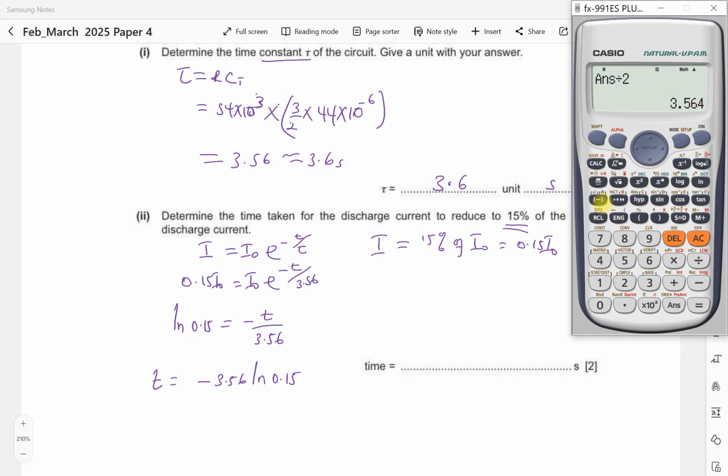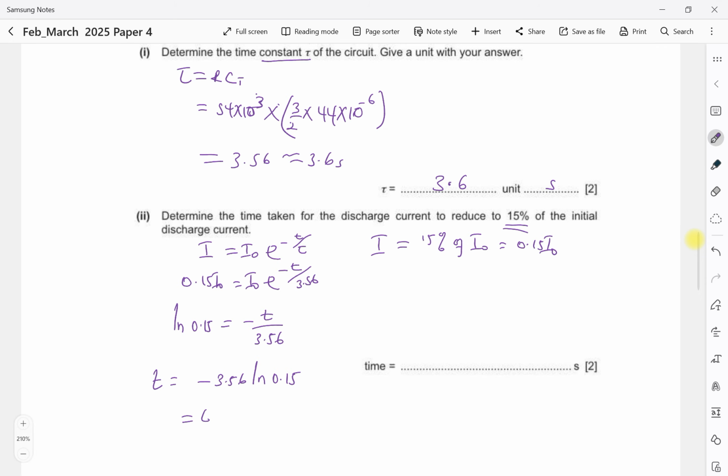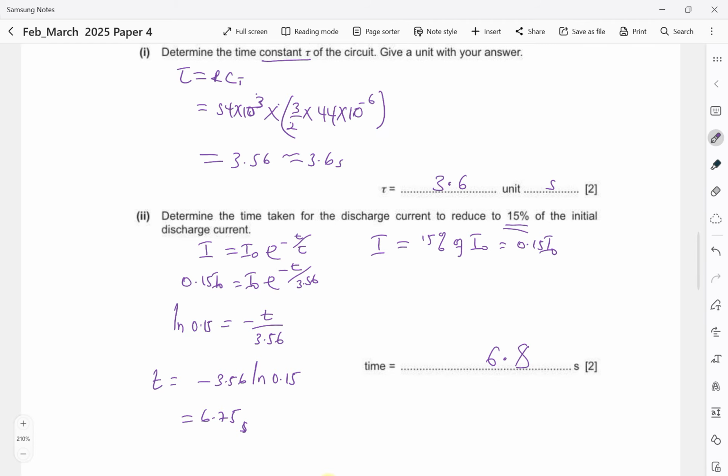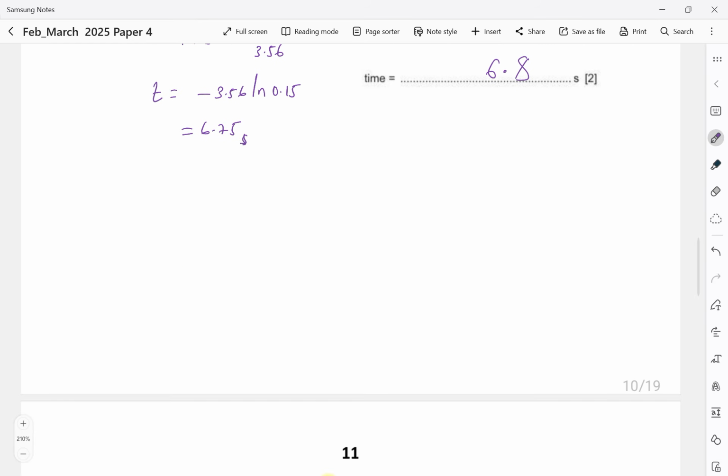So negative 3.56 ln of 0.15, that is 6.75 seconds, or approximately 6.8 seconds. Okay, so that is question 5.